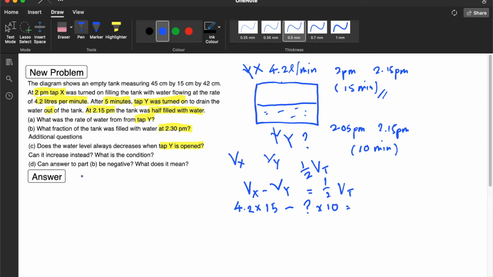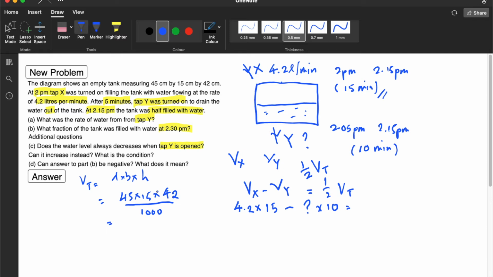So let's calculate what Vt is. Vt is the volume of the tank. It is length times breadth times height. Right, so what is the length? 45 multiplied by 15 multiplied by 42. Right, since these are all in centimeters, we have to divide this volume by 1000 to convert it into liters.